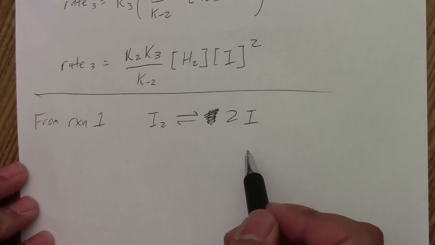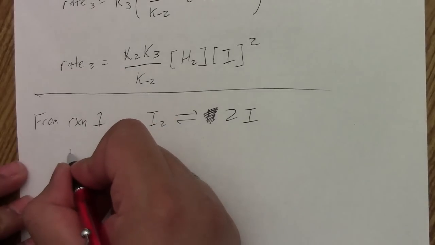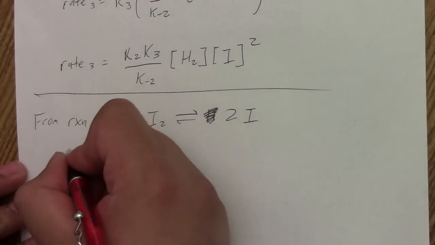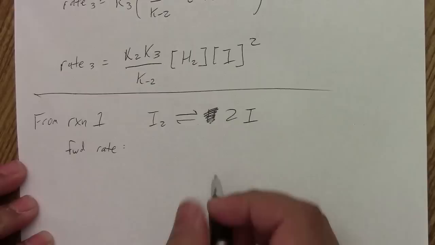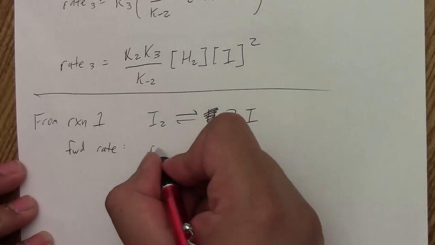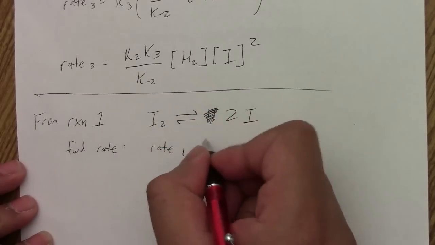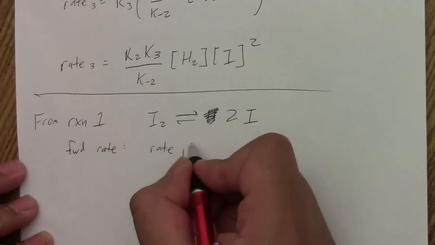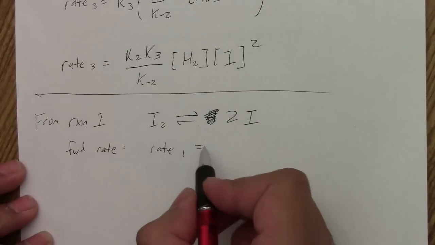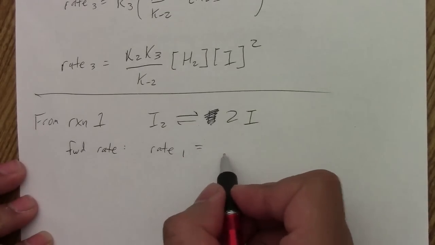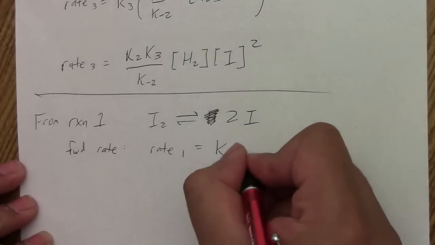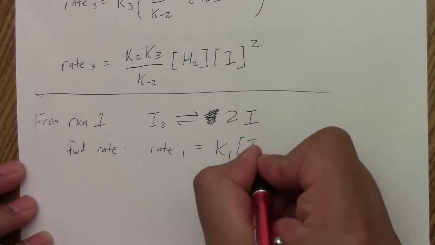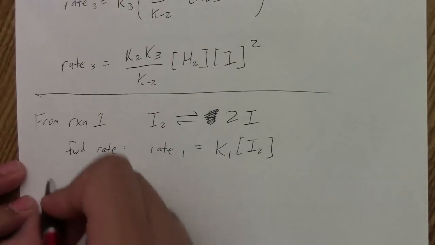Let's write out some rate laws now. The forward rate is equal to, we'll call it k1 now, since we're dealing with step 1, and it's simply k1 times the concentration of I2. All right, no problem there.